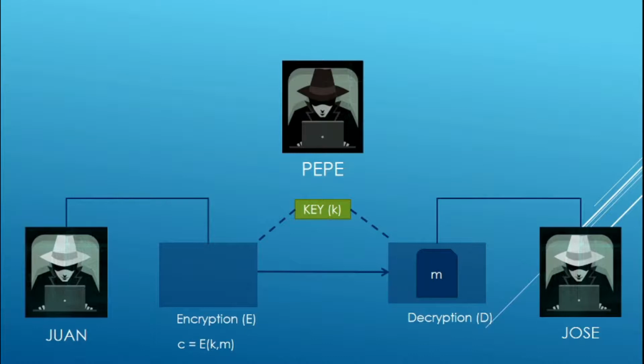If we put that into mathematical formula, so we can say that M is equivalent to the decryption algorithm D that is requiring the key and the ciphertext. Okay?